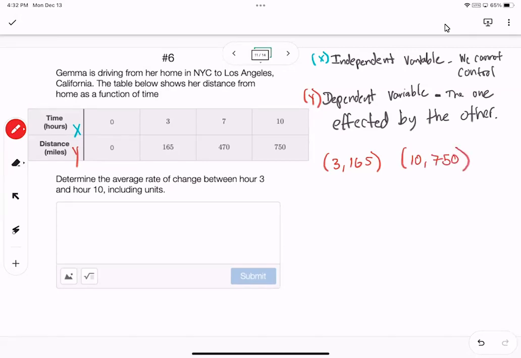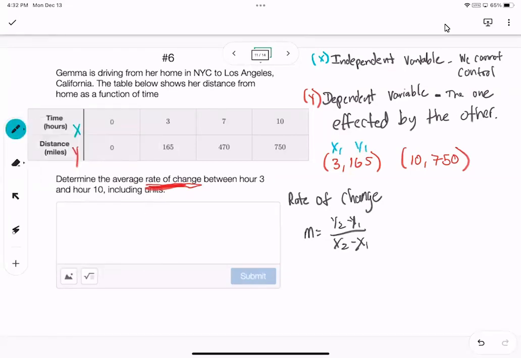So all we have to do now, because we are looking for the rate of change, we know that formula. The formula for the rate of change, I'll write over here, rate of change is equal to m is equal to y2 minus y1 over x2 minus x1. Now I'm going to label my coordinates.